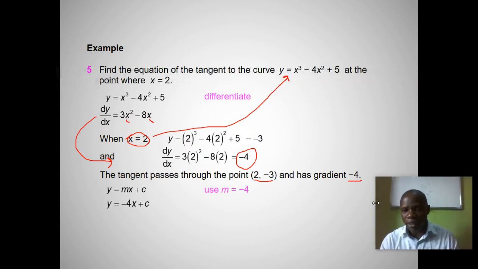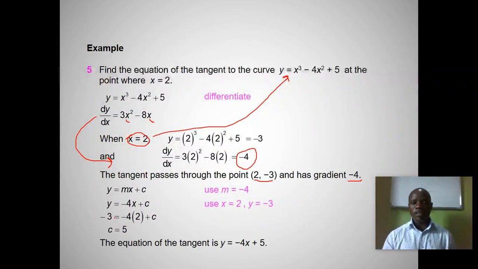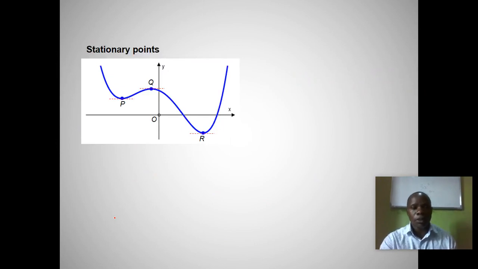Maybe I'm in a bit of a hurry, but remember I'm doing a video and I want you to see this. So y is equal to mx plus c. We know the gradient and we also know the coordinates of x and y. Place them there, we know c, and therefore we have the equation of this tangent.